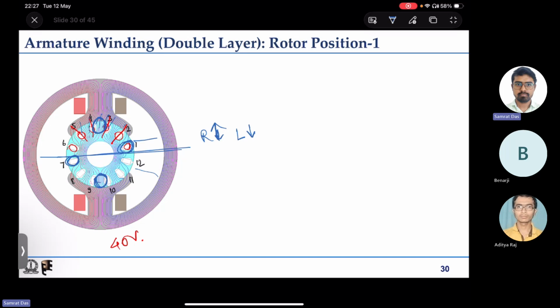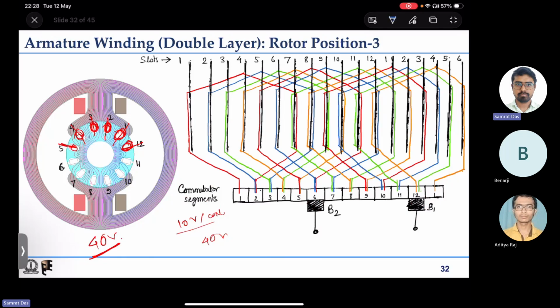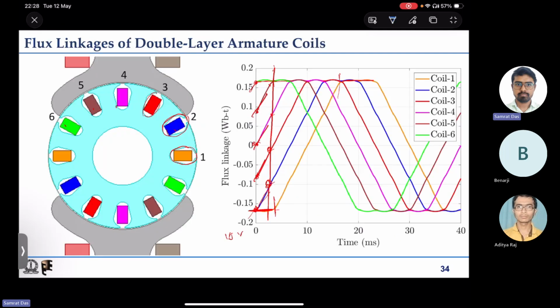So the individual coil inductances vary with rotor position, but in the equivalent circuit of the armature coil, will it remain a constant value inductance, or a rotor position dependent inductance? That you will see on the next day, after a brief discussion on the commutation that I have not completed today. Okay. Do you have any question?